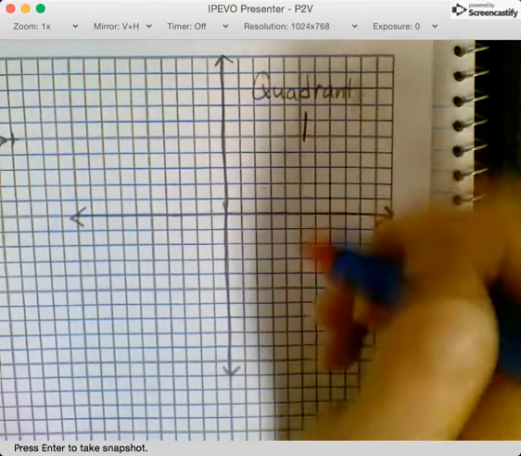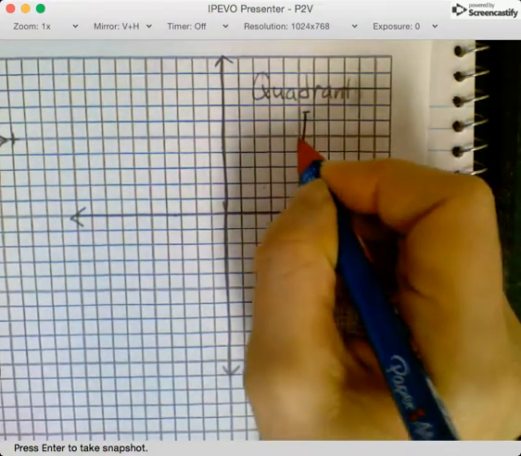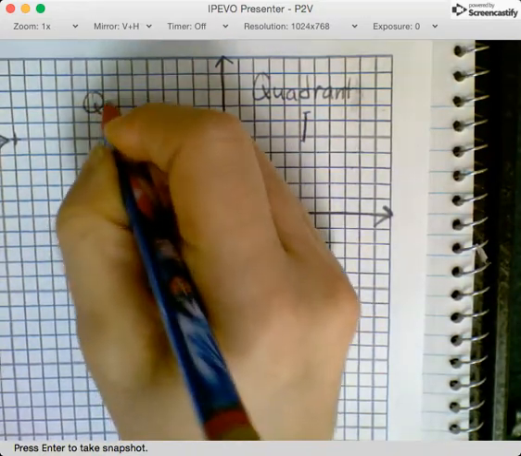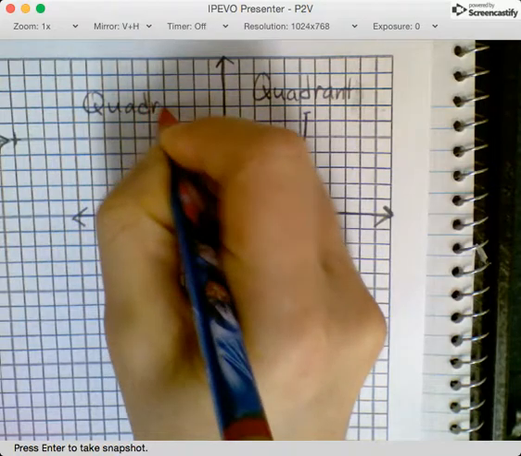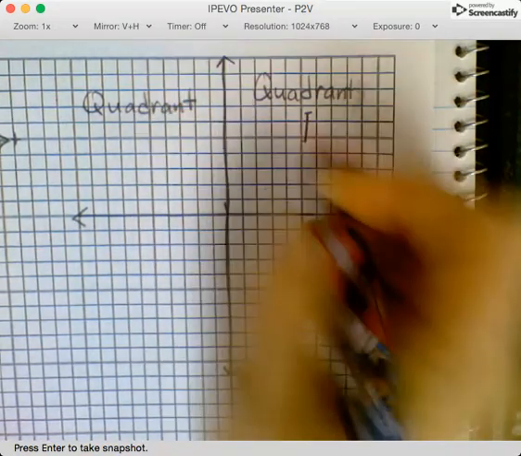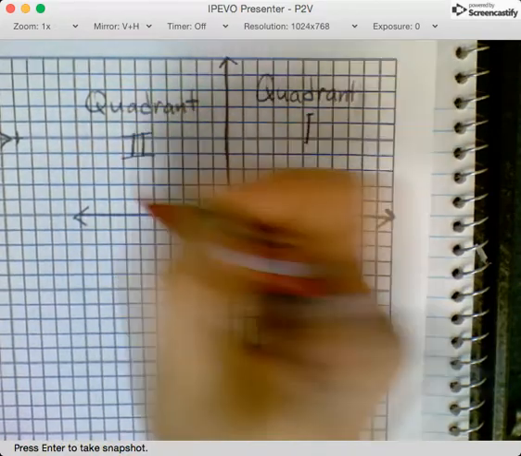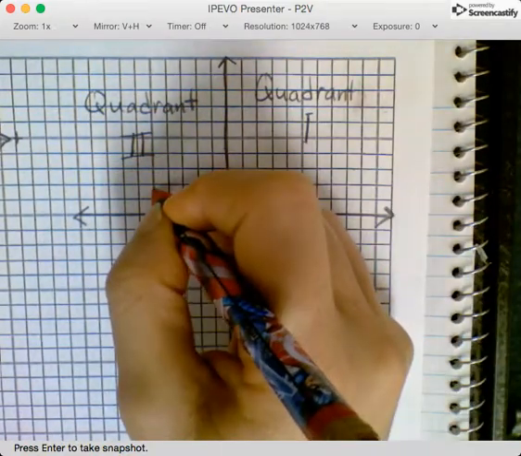And it kind of looks like a 1, or it could be an I. The second quadrant, quadrant 2, it goes backwards this way, that would be over here on the left.